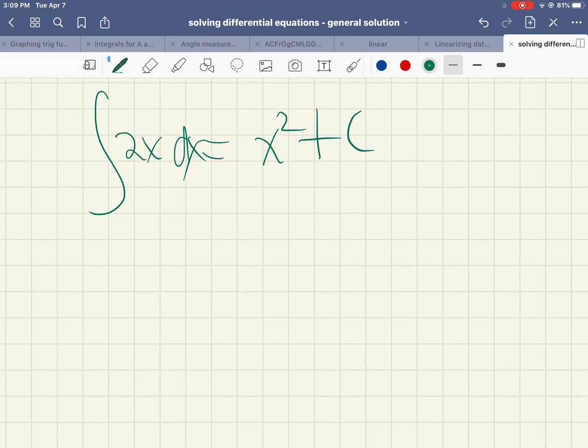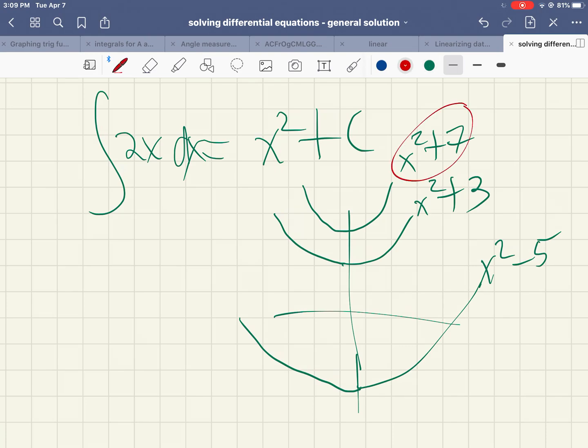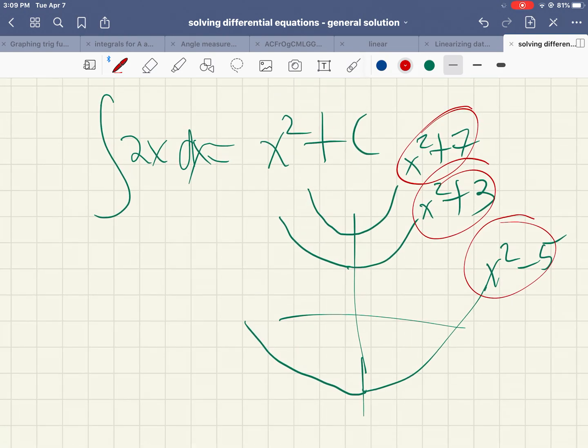Well, let's see. If I have x squared plus, say, 7, x squared plus 3, and x squared minus 5, the derivative of all of those is the same thing.